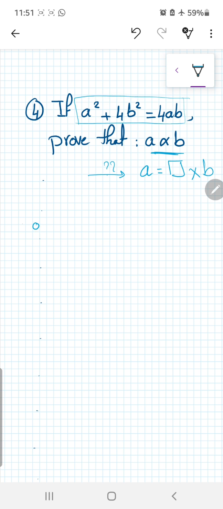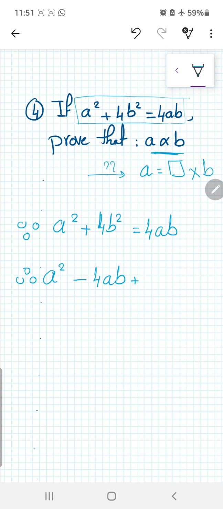Since A power 2 plus 4B power 2 equals 4AB, move 4AB to the other side by negative and order the equation. So A power 2 minus 4AB plus 4B squared equals 0. This relation is a perfect square.